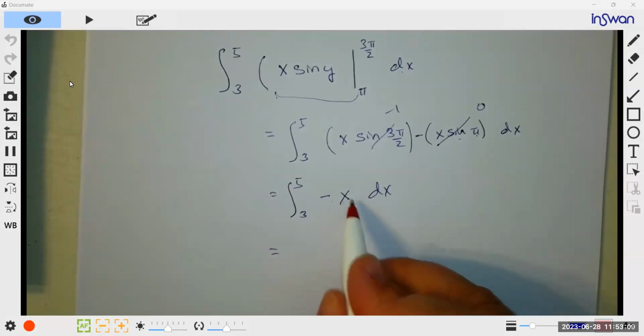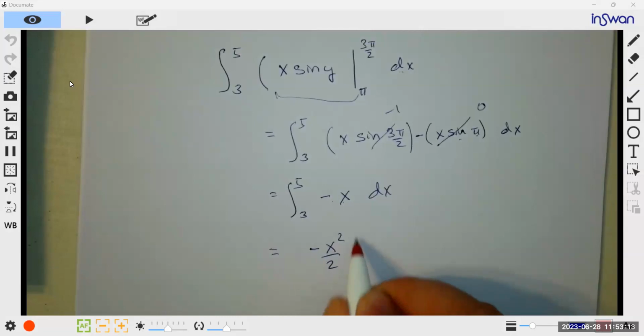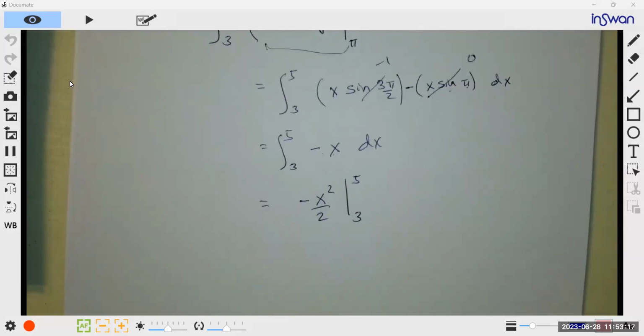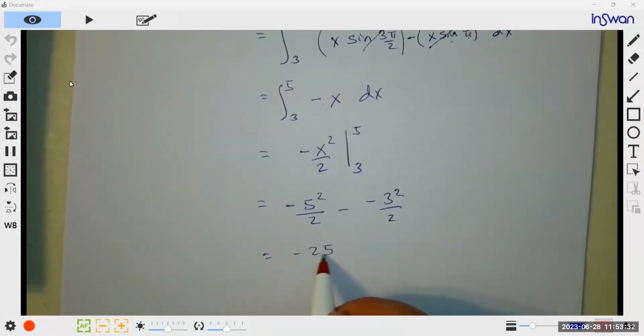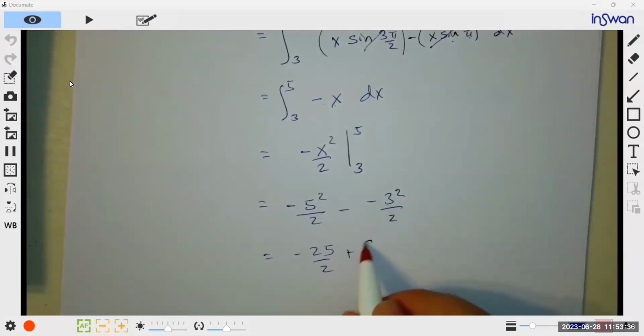The integral of negative x is negative x squared over 2 from 3 to 5. Negative 5 squared over 2 minus negative 3 squared over 2. Negative negatives are positive.